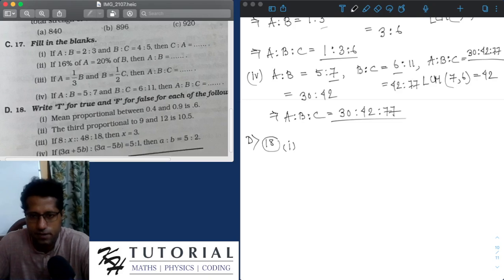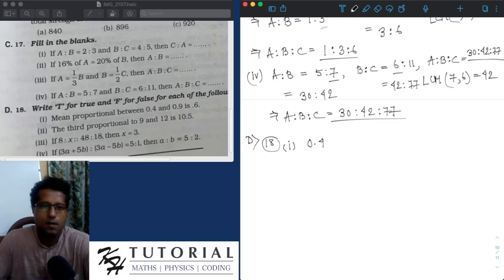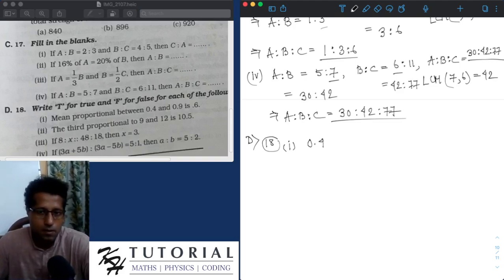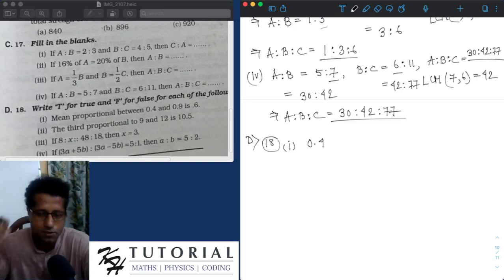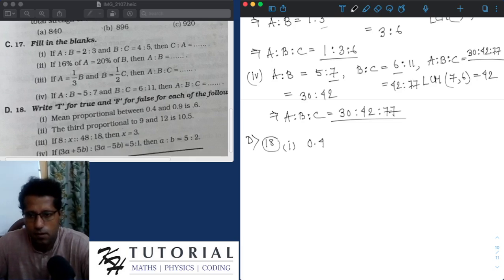So it is saying that 0.6 is the mean proportional between 0.4 and 0.9, which means it is trying to say that 0.4, 0.6 and 0.9 are in continued proportion. This means that 0.4 is to 0.6 is equal to 0.6 is to 0.9.